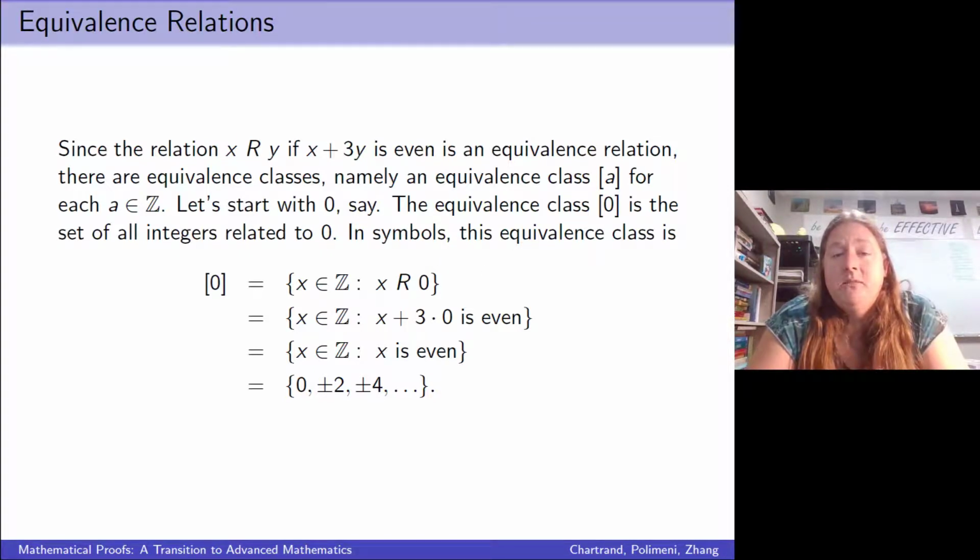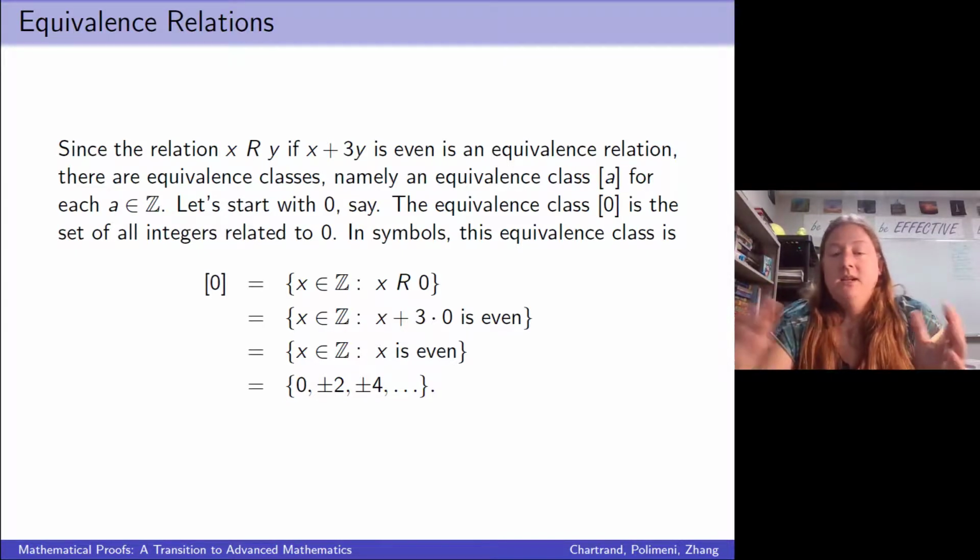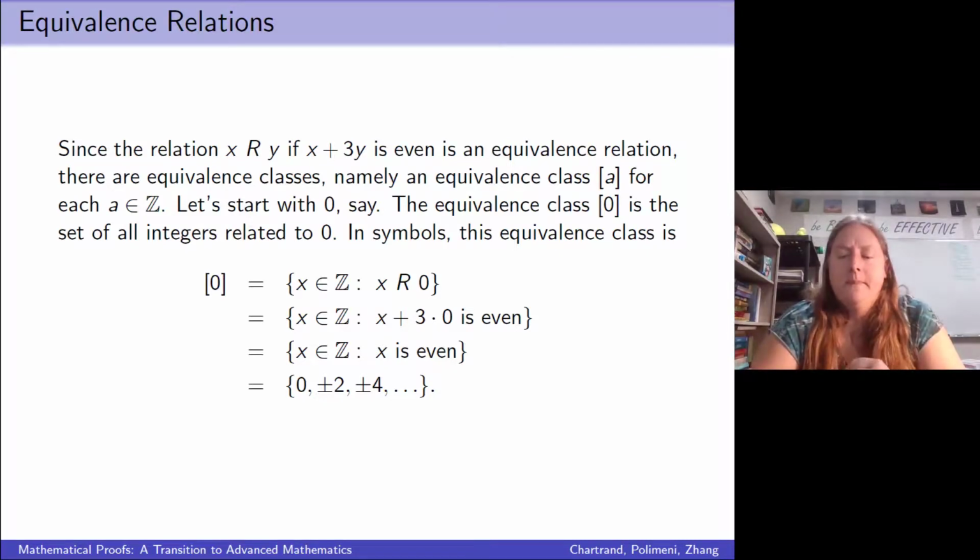What that means in these terms is that x plus 3 times 0 is even. Well, 3 times 0 is 0, so what we're really looking for is x is even. And we know what the even integers look like. They look like the set containing 0, plus or minus 2, plus or minus 4, and so on.